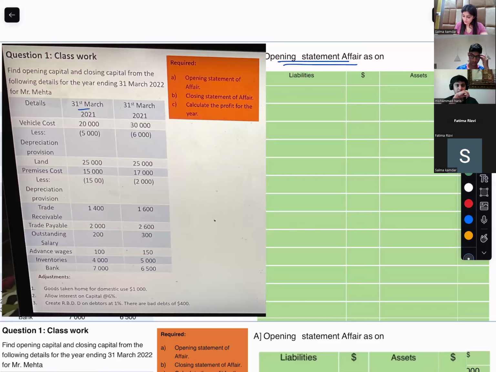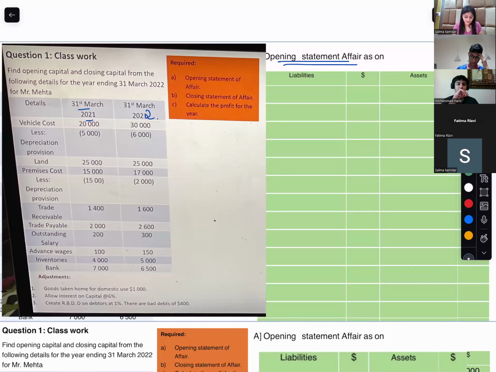This is 31st March 2021 and this is 31st March 2022. Can you tell me, the opening statement of affairs will be on which date?